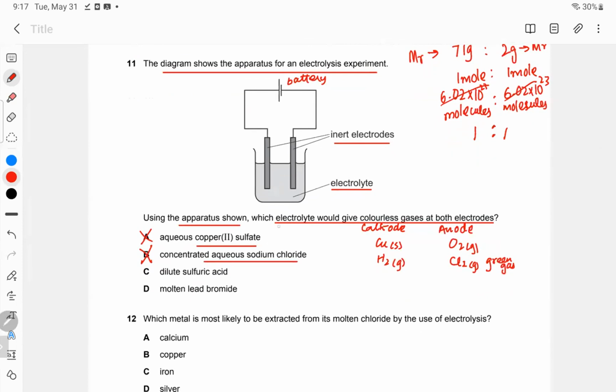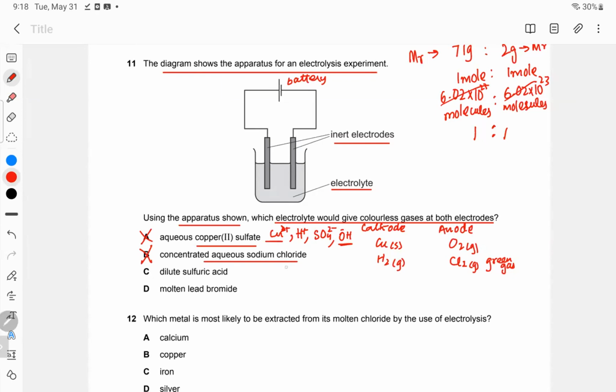Okay, let me do one thing. I have a copper ion over here, aqueous, so a hydrogen ion over here, a sulfate ion from copper(II) sulfate, and a hydroxide ion because it's aqueous. In this case, copper 2 positive and hydroxide will react at cathode and anode.